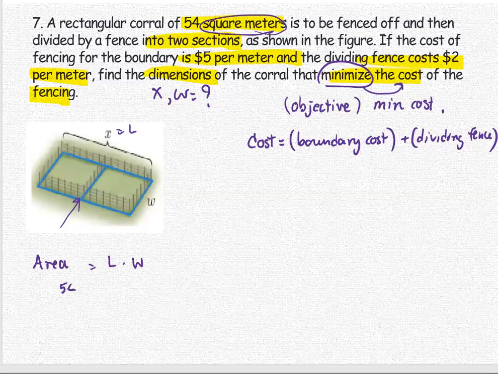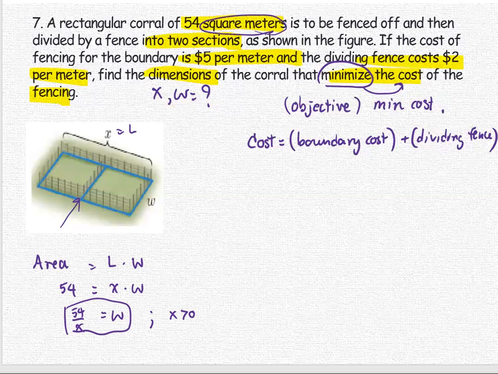Area 54 equals x times w, or we can say w is 54 divided by x. The restriction: x cannot be 0, so x has to be greater than 0. That's one of the constraints that we can put together as the limitation or the interval of interest.